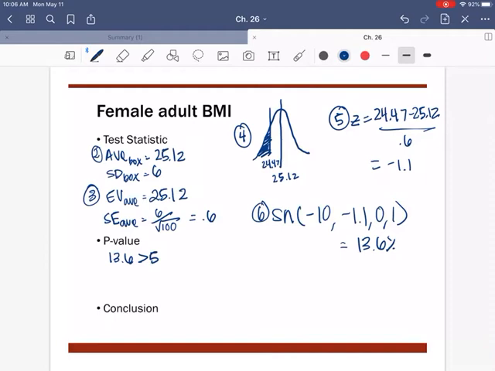That is 13.6%. Okay, 13.6 is bigger than 5. So there's no evidence that these females in the sample are really any different than general females throughout the whole U.S. So we fail to reject the null.